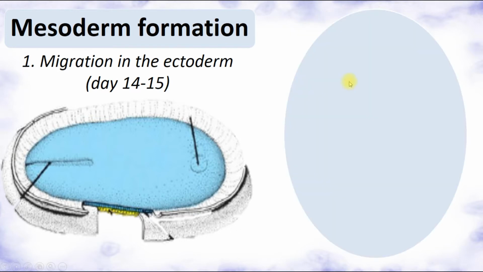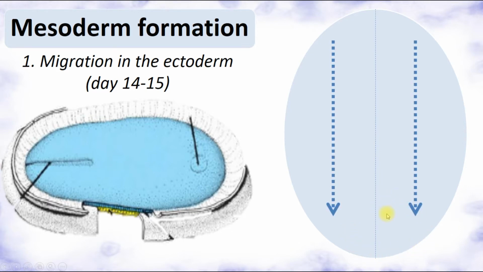So what is going on? Let's look at the embryonic disc. Here we can see that it has an oval shape, it's ectoderm, it's the midline of the embryonic disc, and some cells in the ectoderm begin their migration from the anterior to the posterior end of the embryonic disc. They meet the posterior end of the embryonic disc and they turn back to the anterior side of the embryo.